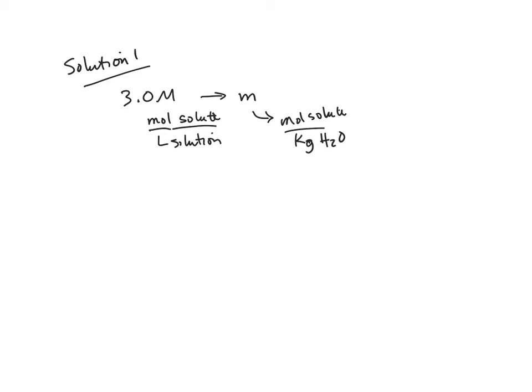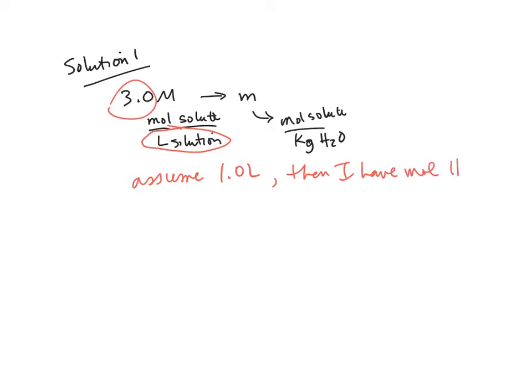So, since you have 3 molar solution, one way to solve this problem is to look at the denominator here and say, okay, what if I actually had 1 liter? If that's the case, then I have 3 moles of HCl. Okay, so you got some information there.